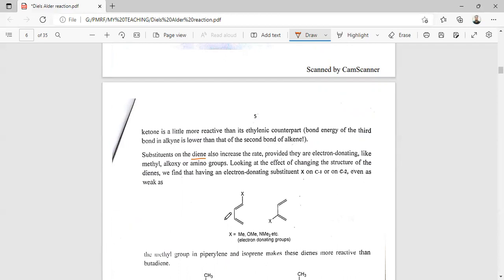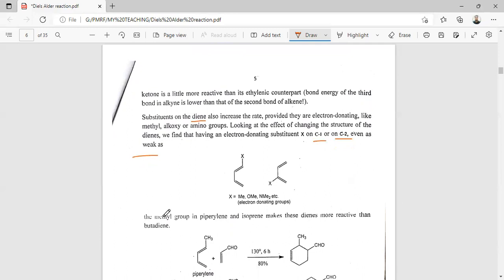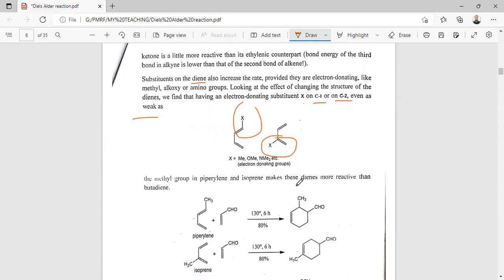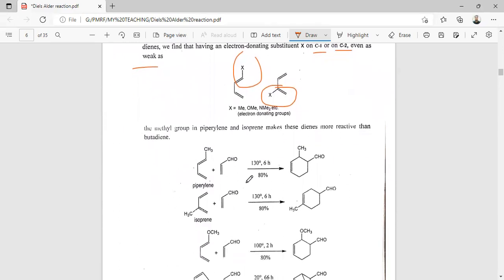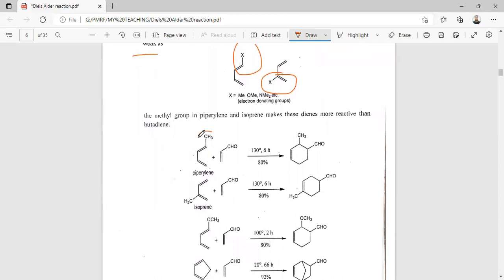Looking at the effect of changing the structure of the dienes, we found that electron donating substituents on C1 and C2, even as weak as the methyl group, increase the rate of the reaction. The methyl group on piperylene and isoprene makes the diene more reactive than butadiene. Here electron donating substitution on the C1 position makes this reaction more facile, at 6 hours.